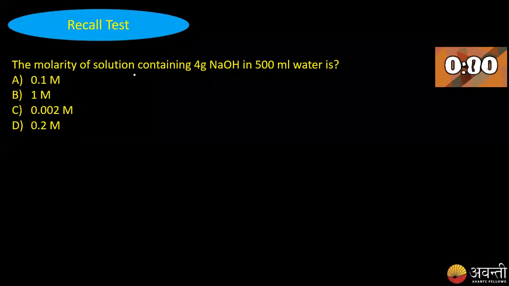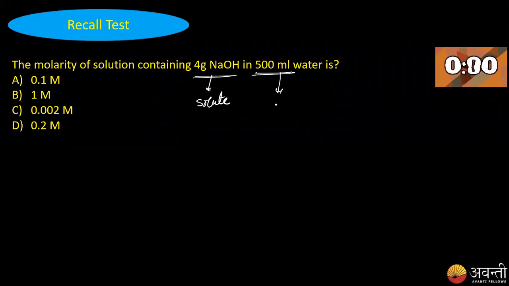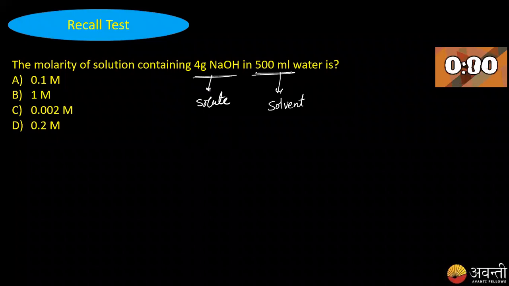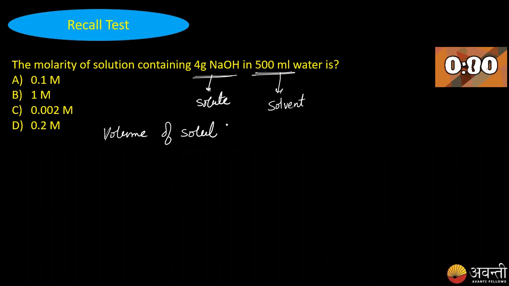We have a solution which consists of 4 gram NaOH, that is the solute, and 500 ml water, which is the solvent, right? Now, if we add 4 gram NaOH to this 500 ml water, the volume of solution will be almost the same as the volume of the solvent.